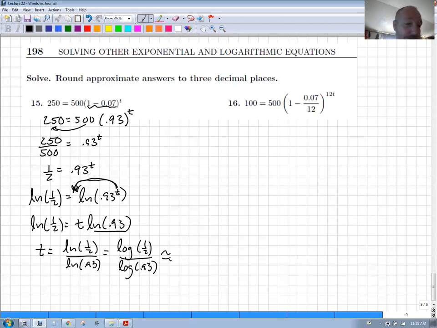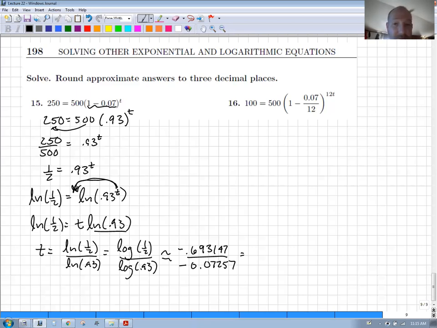Okay. So let's see. I can do natural log. I got a negative 0.693,147 on the top, and then 0.93, take a natural log, got a negative 0.07257.